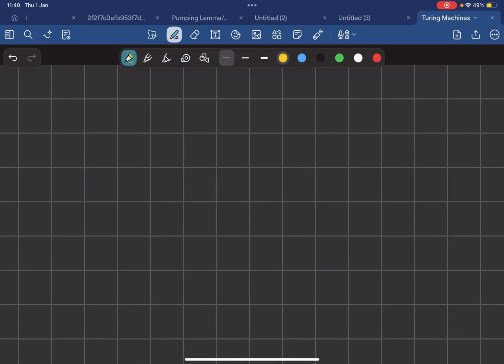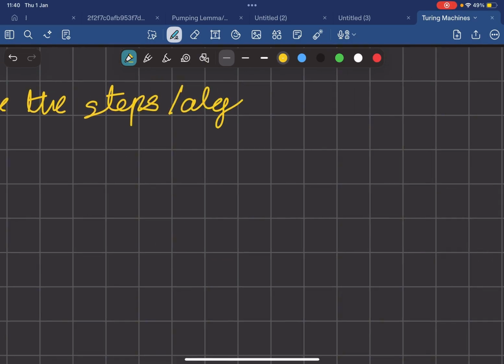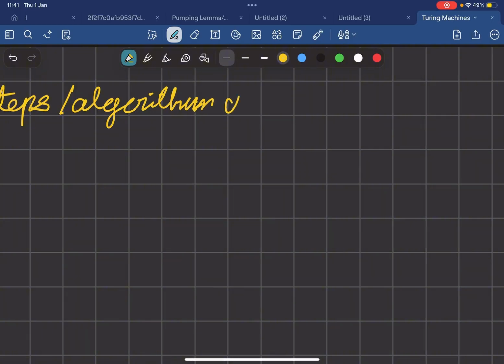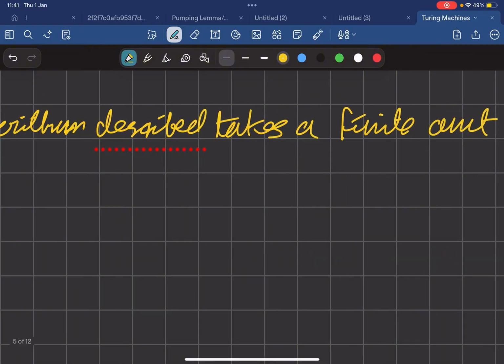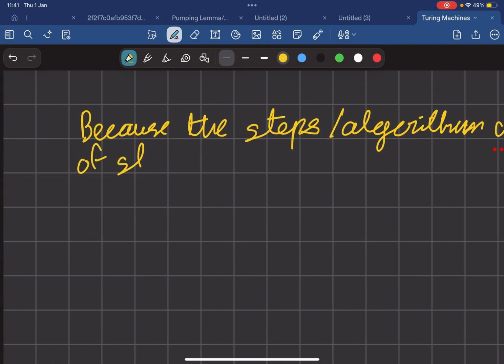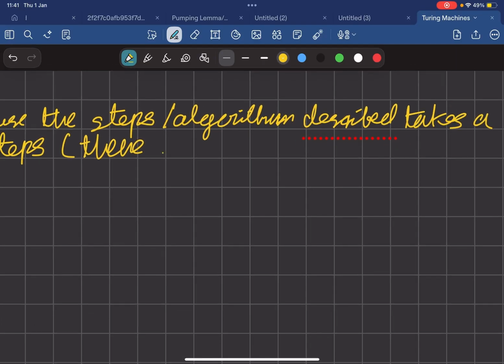So let's say that. Because the step algorithm described takes a finite amount of steps, and let's just mention that there are only a finite amount of starting positions.